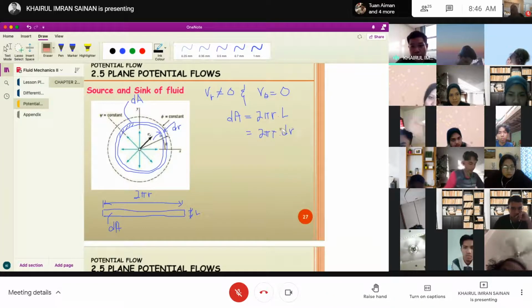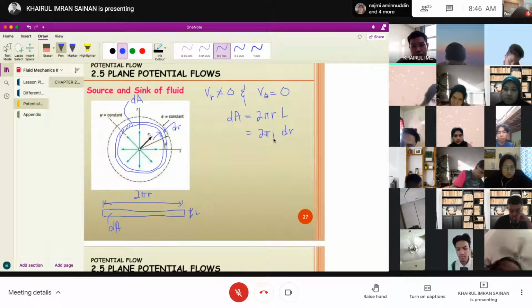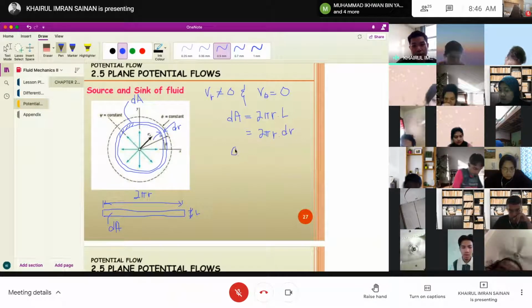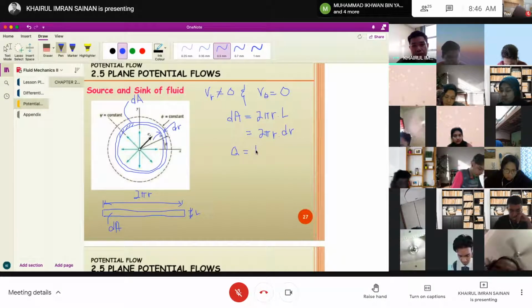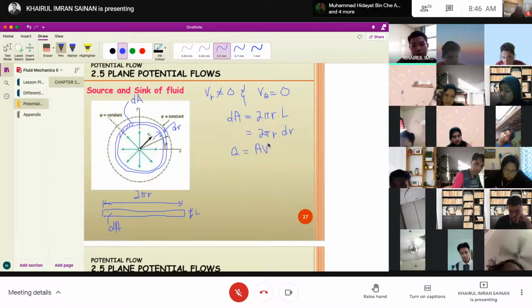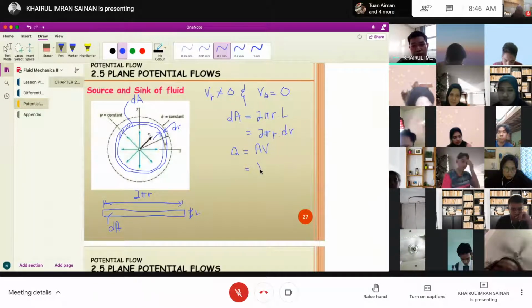So next, what we want is we're going to use Q. The general equation for Q is Q equals AV. But since our problem is polar and we have a change of area, we need VR.